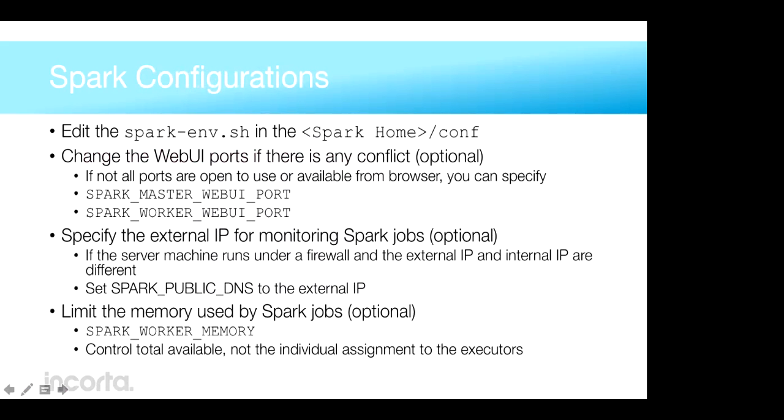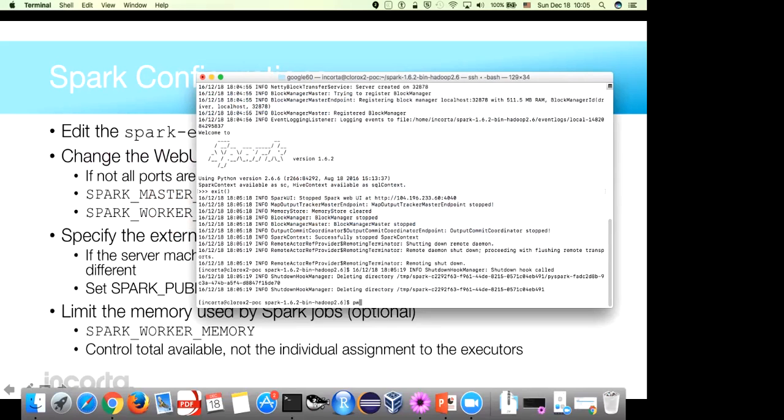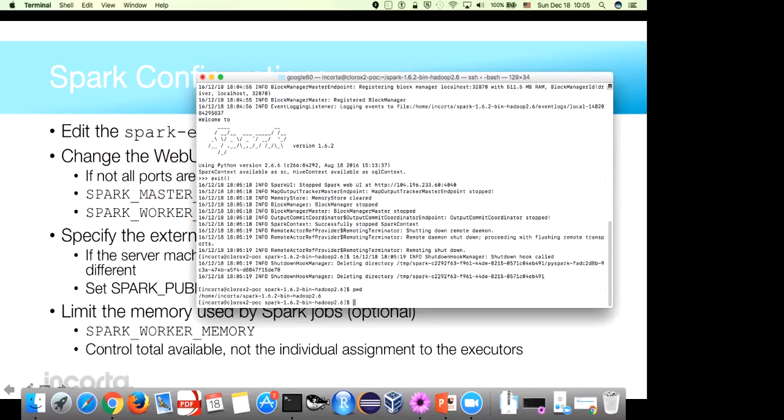Okay, so then this is about Spark configuration. Many of these are actually optional. You see the web UI, external IP, and memory use, as I mentioned earlier. You can control memory. These are all optional, but let me show you how to do this. I'm in this directory, which I call Spark Home.